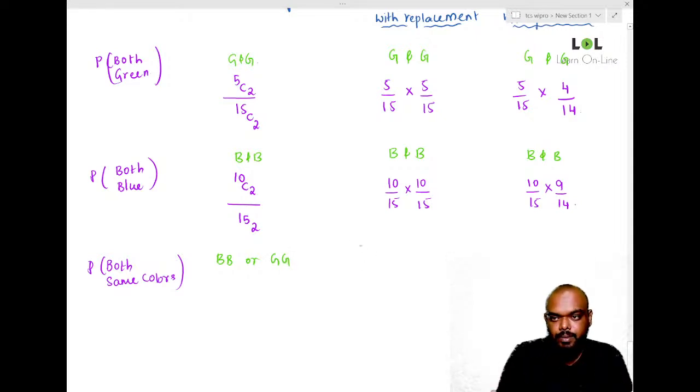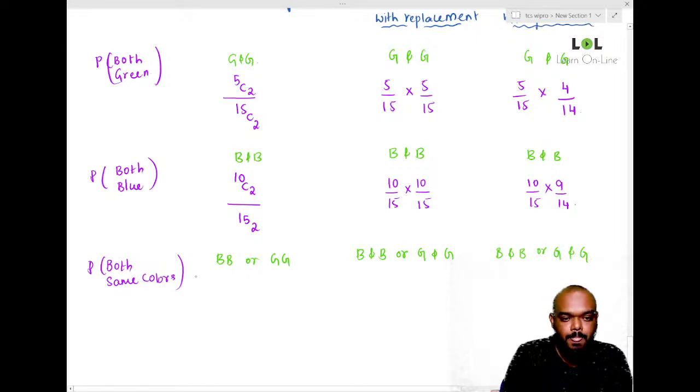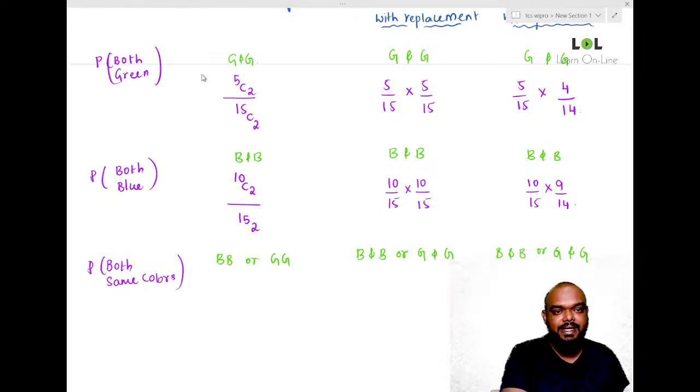Here as well. Observe here. Both blue means blue and blue, or both green means green and green. In this case, again, blue and blue or green and green. First one. Let us start with the total cases.